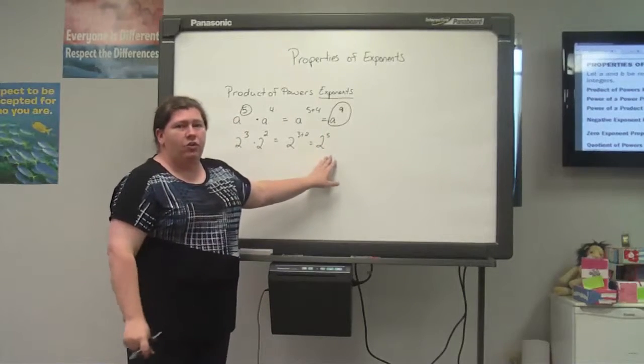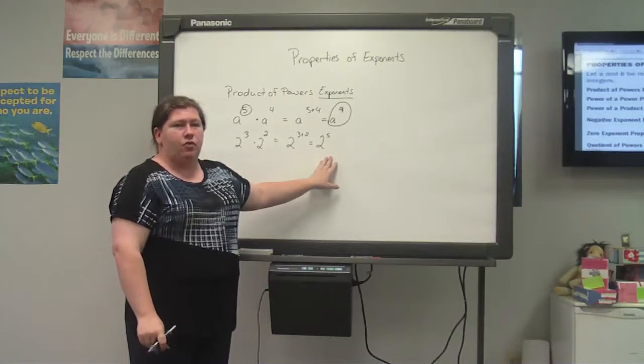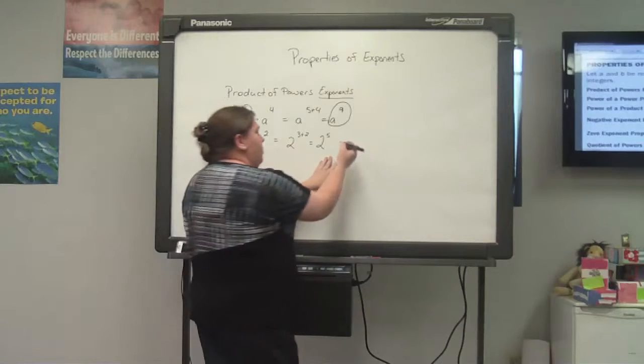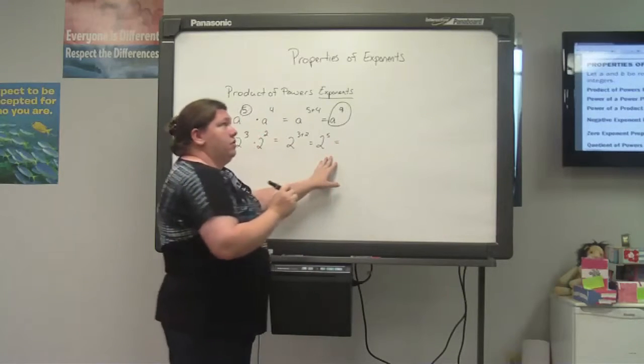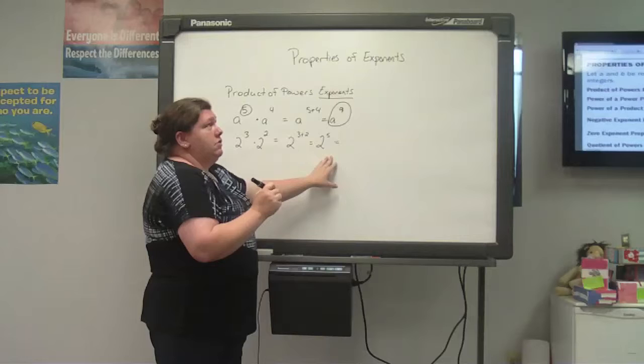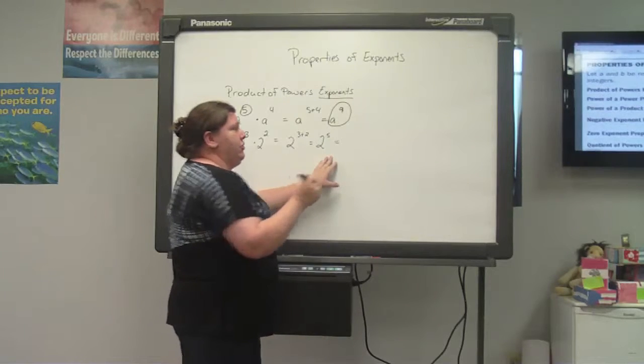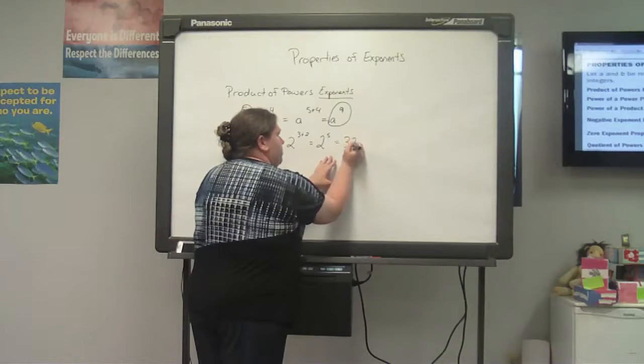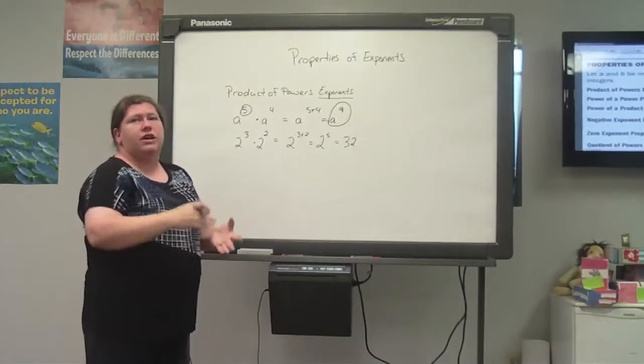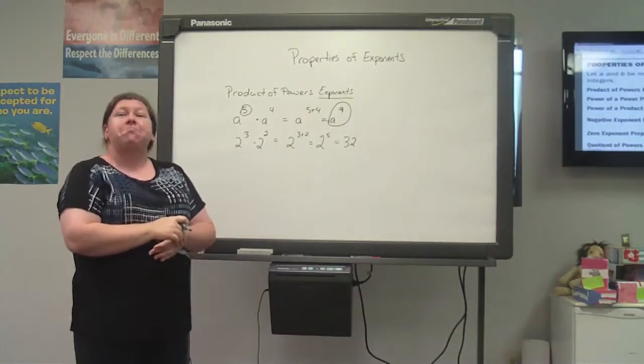But when you have a whole number, you don't leave it in exponent form, you solve. So that becomes 32, because it would be 2 times 2 times 2 times 2 times 2.